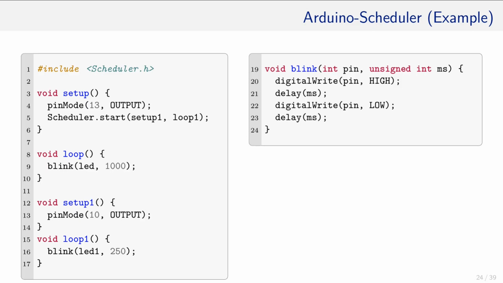If you're familiar with programs utilizing the Arduino library, you can imagine that multiple setup and loop functions are executed in parallel. As you can see, loop 1 calls the function blink, which turns on the pin, waits for some time, turns it off, and again waits for some time. The same function is called in the normal loop. Therefore, blink is executed twice, one time by loop 1 and once by loop.